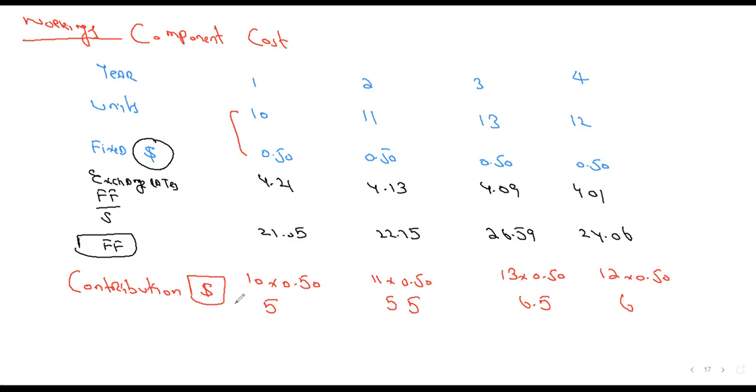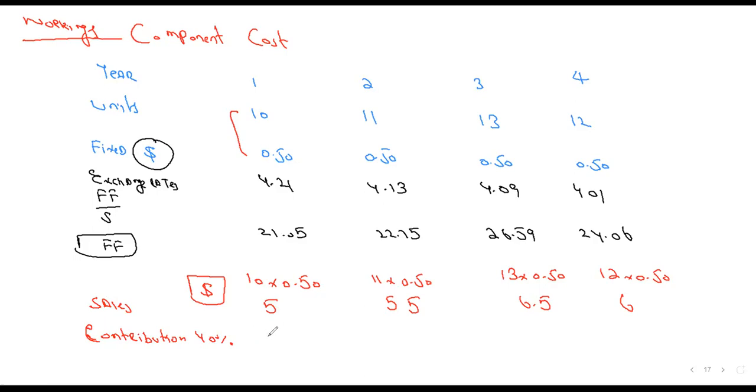Now, this is the sales price. Now calculate the contribution. The examiner told you that the contribution will be 40% of the sale price. Compute the contribution. How much is it coming?